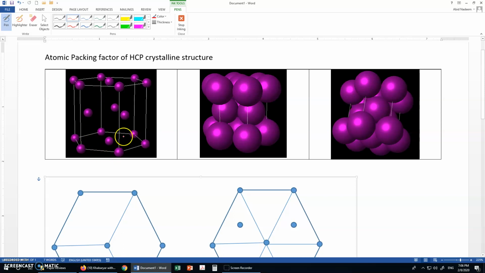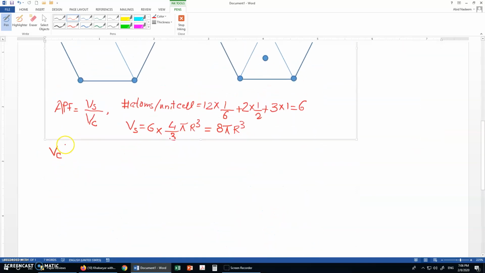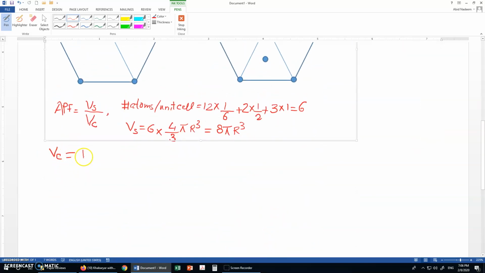So if we know the area of the base and the height of this shape, then we can multiply the area with the height, and that will be the volume. So the volume of this cell is equal to the base area times the height.